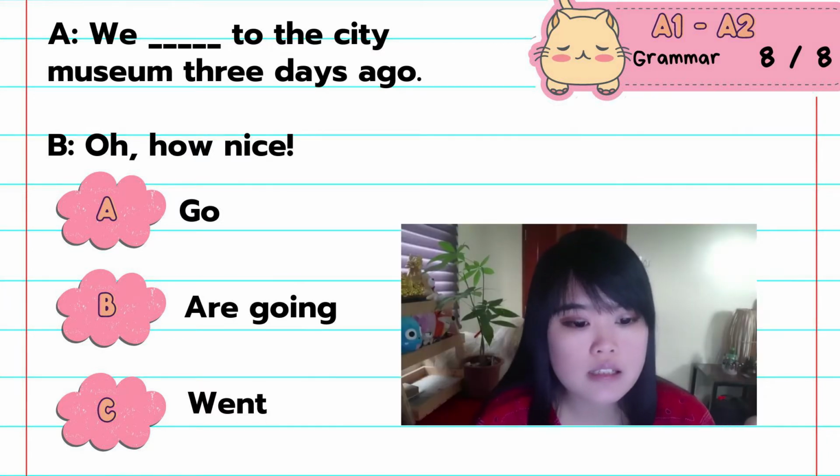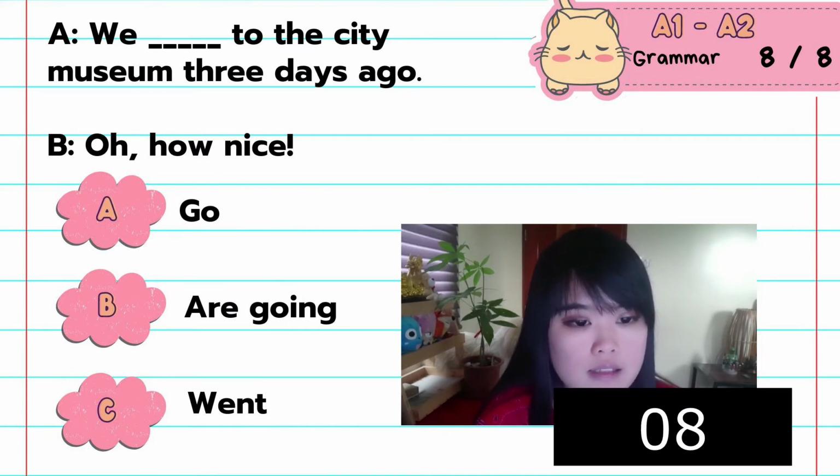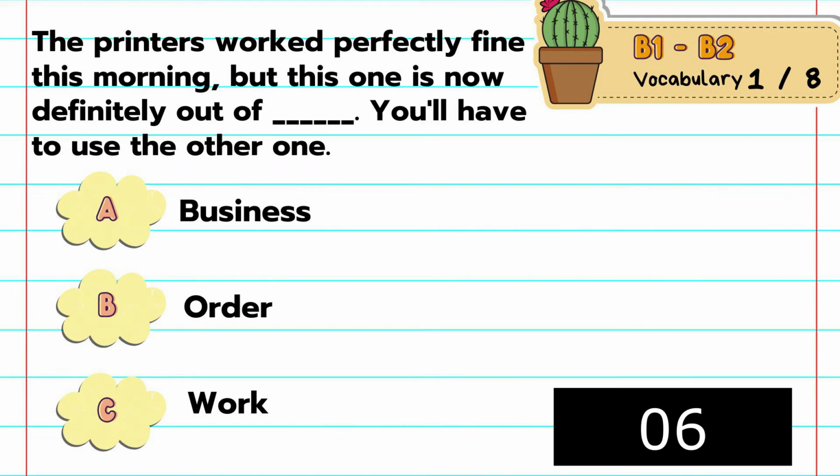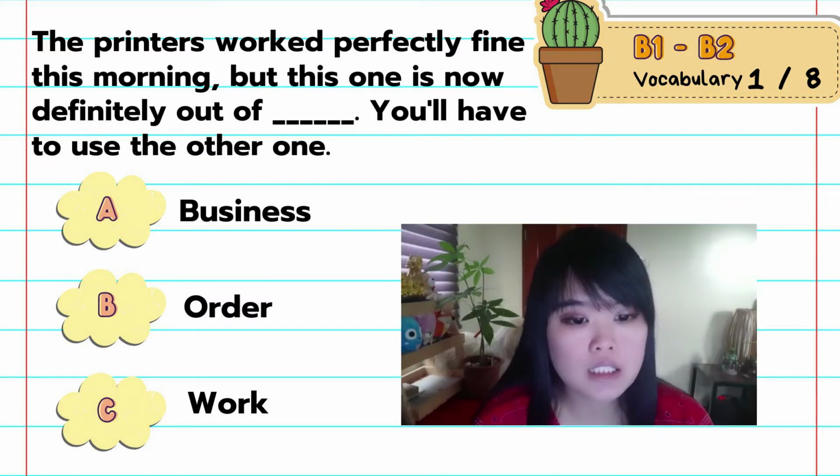The answer is C, went. We went to the City Museum 3 days ago. Oh, how nice. B, order. The printers worked perfectly fine this morning, but this one is now definitely out of order. You'll have to use the other one.